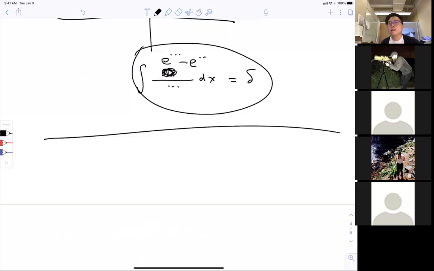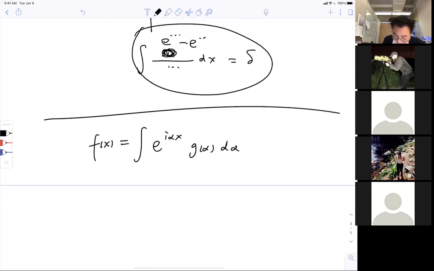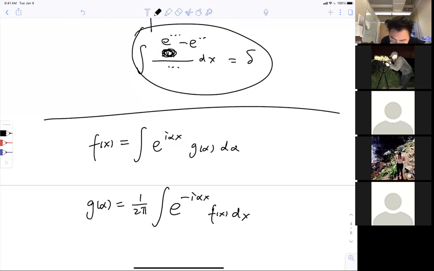Okay, so another way to view this kind of Fourier transformation, which I find more useful, is like, okay, let's write down this Fourier transform. By the way, let me write it down first. Different people have different conventions.